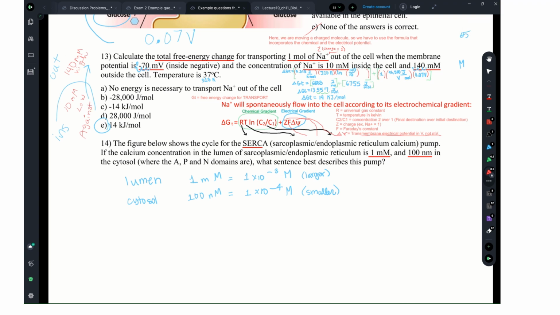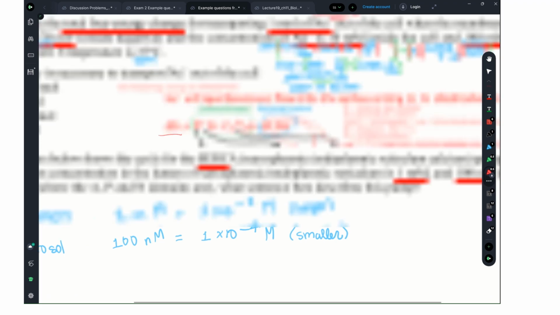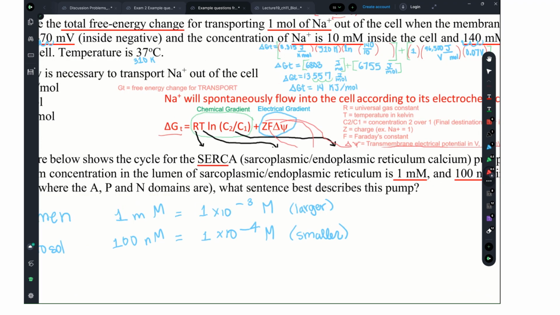Okay. And they're talking about sodium, and sodium has a positive charge, which means that we have to use this equation right here. So delta GT, that's the free energy change for transport.